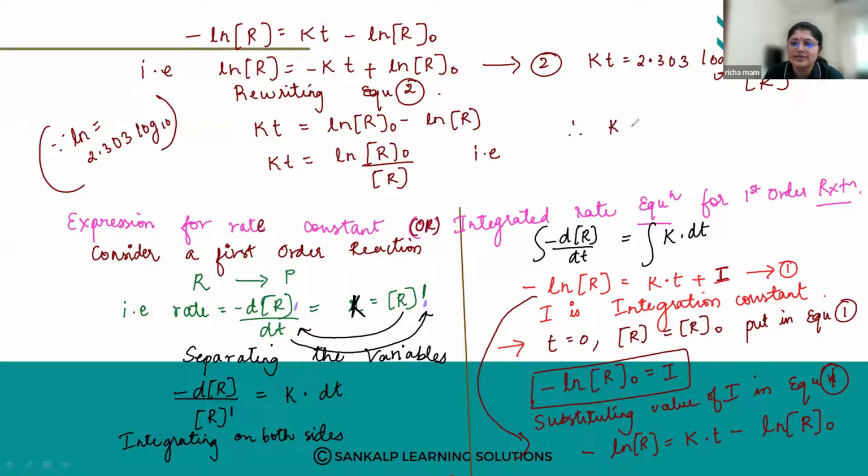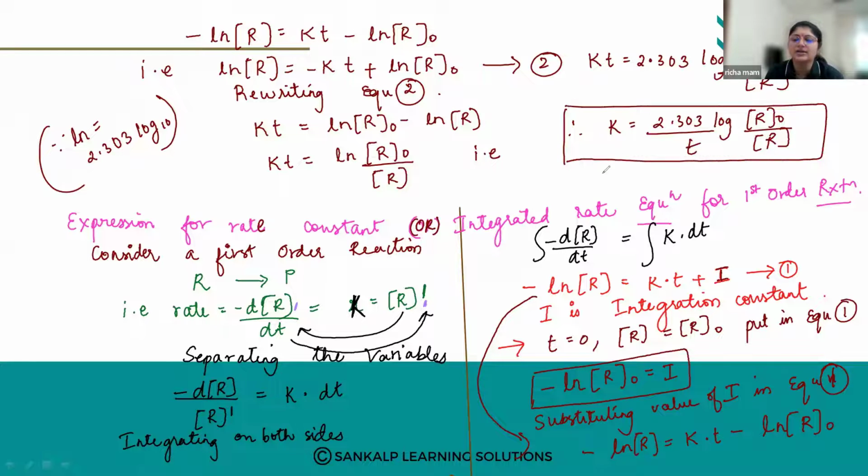Therefore, k is equal to 2.303 log of r naught by r, divided by t. Got it? So this is the rate equation for first order reaction. This is the expression for first order. Is it clear?